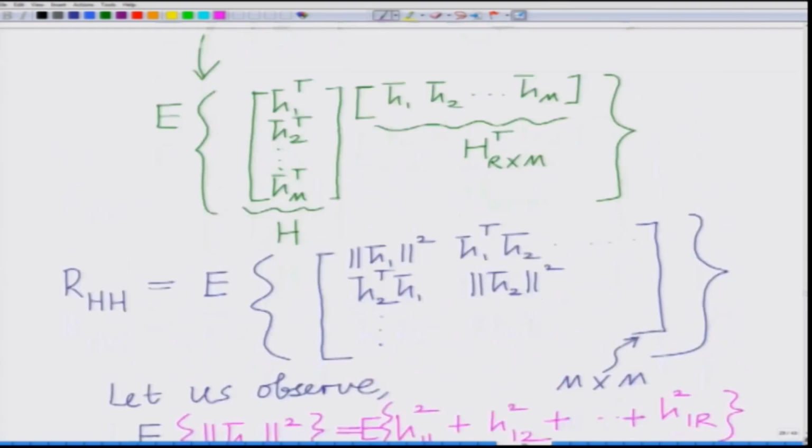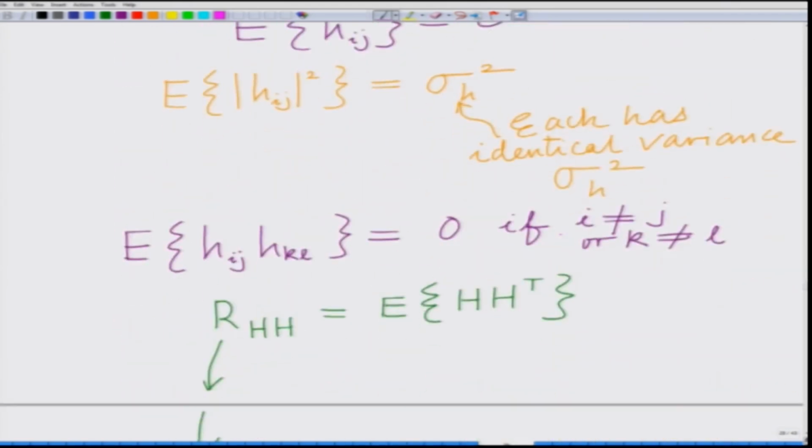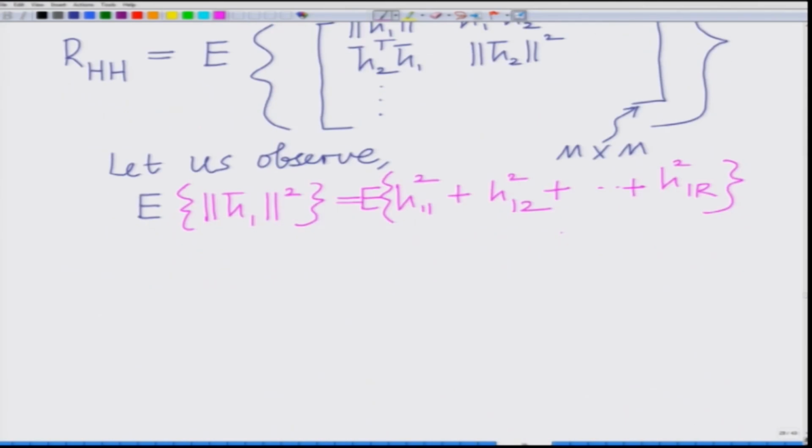Remember, that is your H1 bar, the vector we have already specified here. Similarly you can compute for other vectors also. Remember these are IID random variables, and each of these quantities has a variance sigma H square. So this is R times sigma H square.